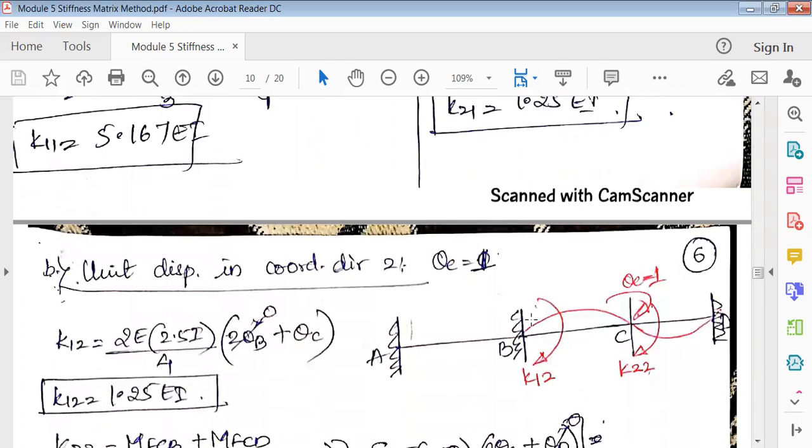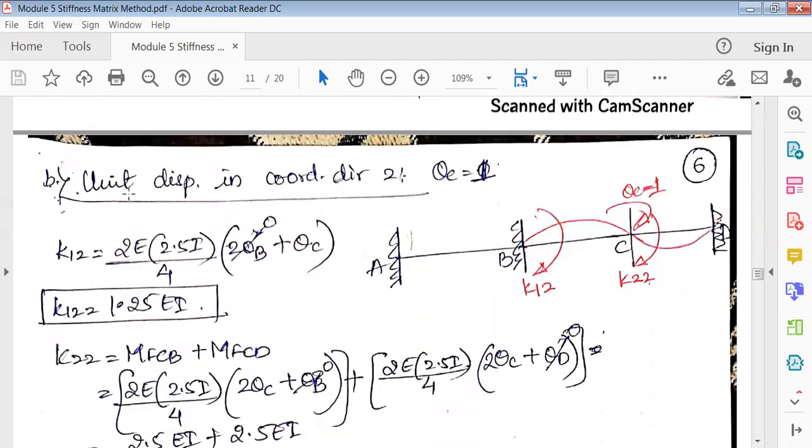Next, second one: apply unit displacement in coordinate direction 2 now. This would be theta C equal to 1 radian. One radian means it tries to push CD downward, and because it pushes CD downward, it pushes BC upward.